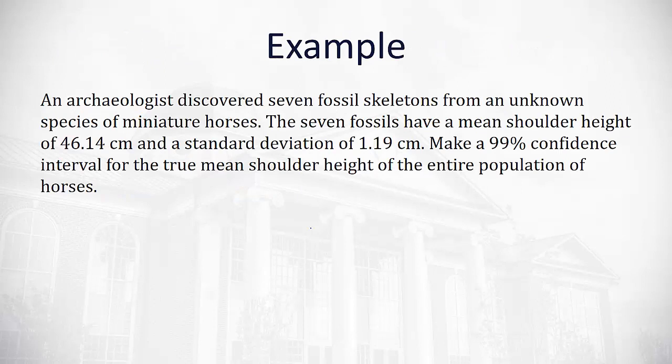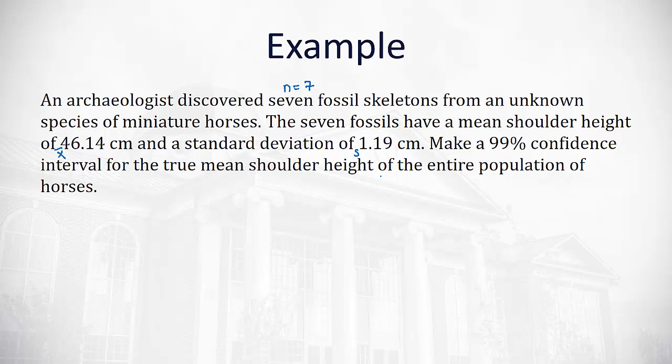An archaeologist has discovered 7 fossil skeletons from an unknown species of miniature horses. That's my sample size, 7. The 7 fossils have a mean shoulder height of 46.14. So that's our x bar from our sample, and a standard deviation of 1.19. Notice that's only s because it's not the population, it's just the sample.